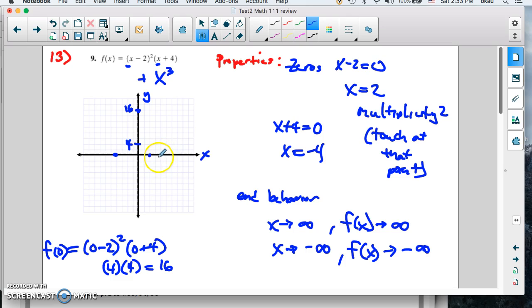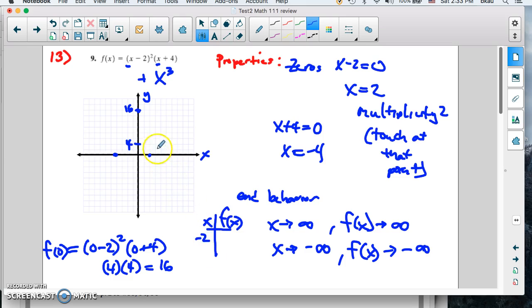Alright, now what we would need to do here is find some other things besides the zeros. We need to plug in a few points to figure out exactly where it comes through this. So we would need to make a chart of values. We're doing this by hand. We know what it is at 2. Let's go halfway in between these 2 points, at negative 2.